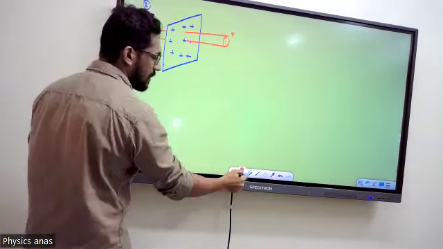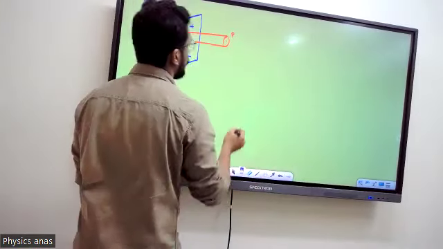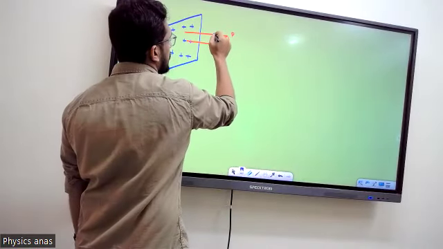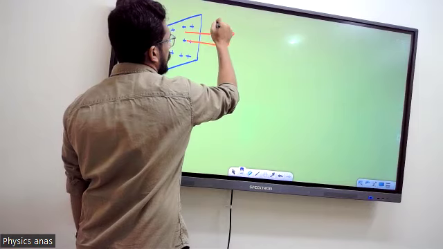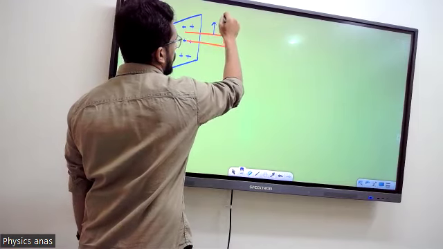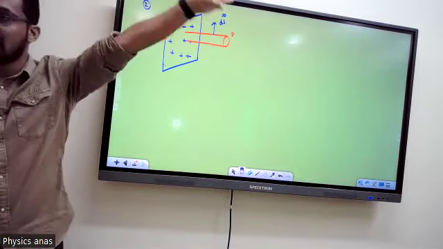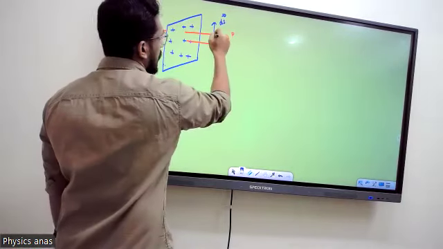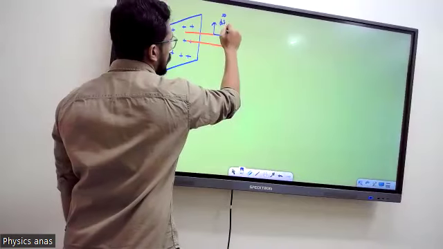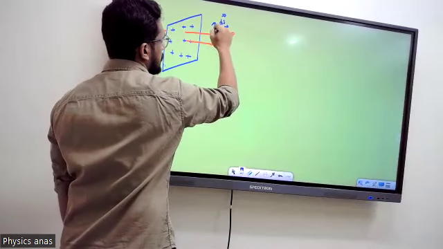So I am taking the electric field and ds. ds is always perpendicular here. Positive charge is here, so the electric field is away from the positive charge. So the electric field and ds are perpendicular.